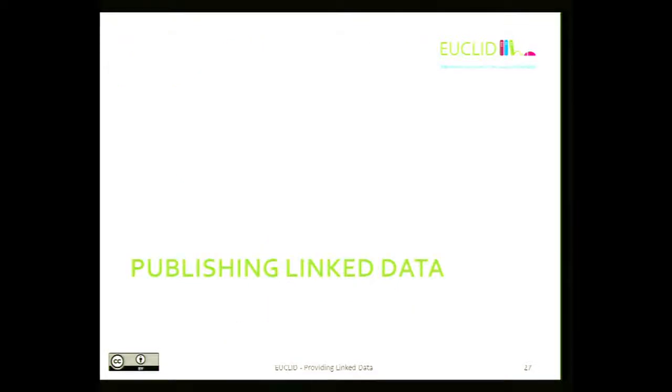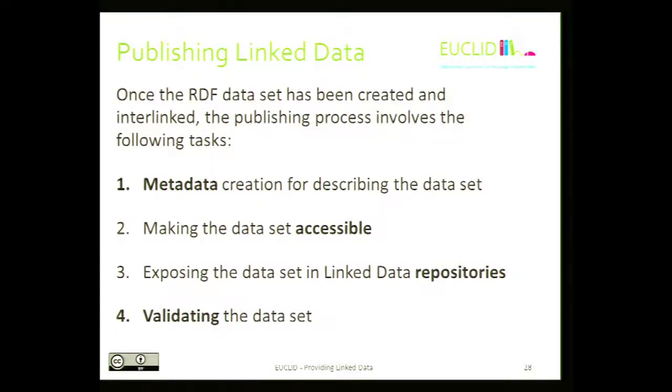So, without further ado, we move on to how to publish this stuff, guidelines for publishing with respect to best practice. What we're asked to do in publishing our data usefully is to create metadata describing the data set.